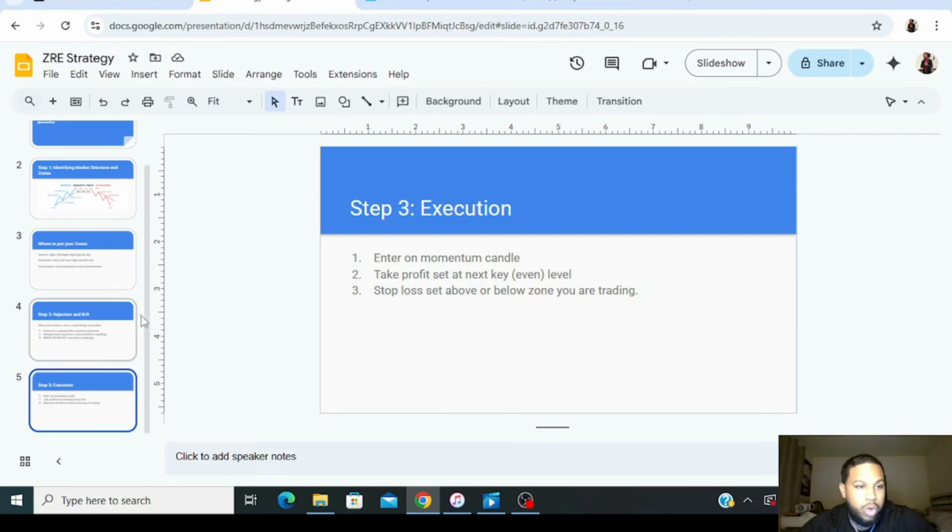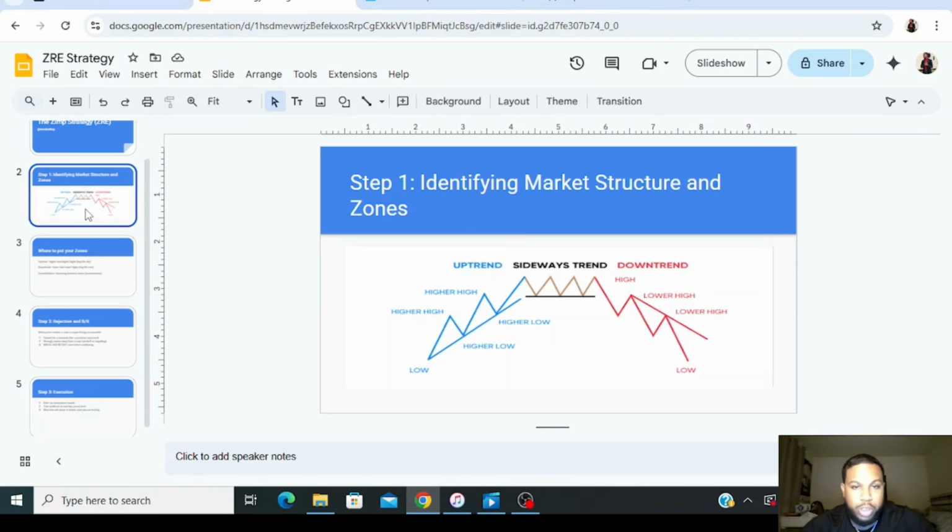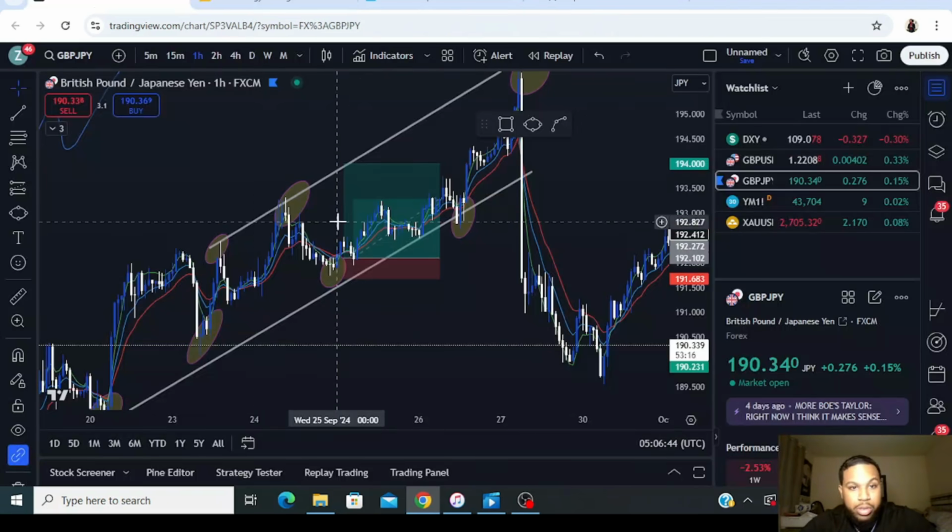Let's go ahead and do a quick little recap so you guys can get the full too long didn't read breakdown. So step one, identify your market structure. Are you in an uptrend, a consolidation, or a downtrend?